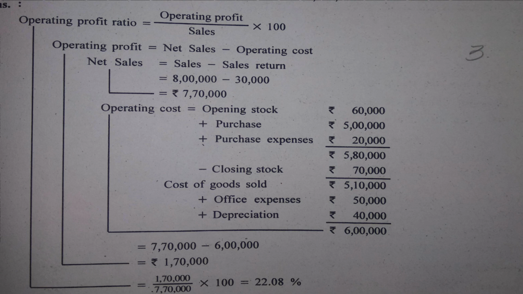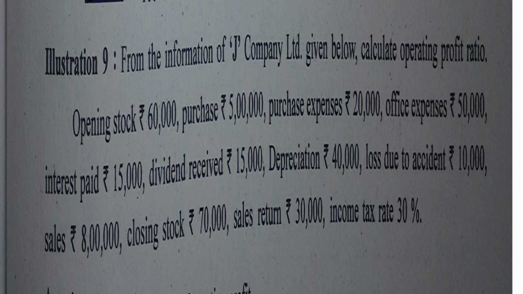What is cost of goods sold? 5,10,000. What is the formula for operating cost? It is COGS plus operating expenses. COGS is obtained 5,10,000 plus operating expenses. Now what is included in operating expenses that we need to find out from this question?